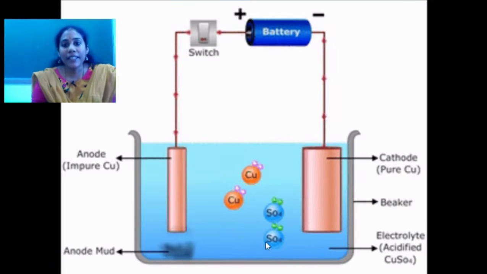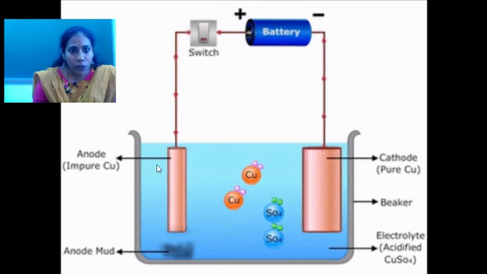And this is the electrolytic solution. Copper sulfate solution is taken as the electrolyte, and once it becomes a solution, Cu2+ ions and sulfate ions are separated. Now what happens is, from the anode the copper will come into the solution.